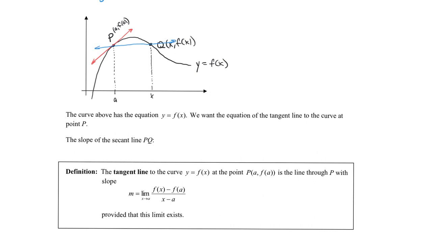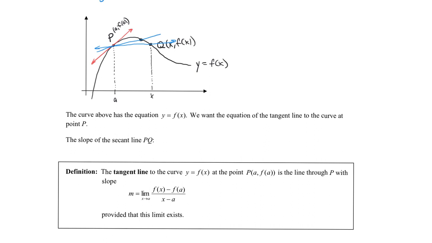Now, of course, if we find the slope of this secant line, it's nowhere near the slope of the line that we want. So what we're going to do is slide this x over, which would cause Q to slide over here. And you can see as we get closer, the slope of the secant line is closer to the slope of our tangent line.